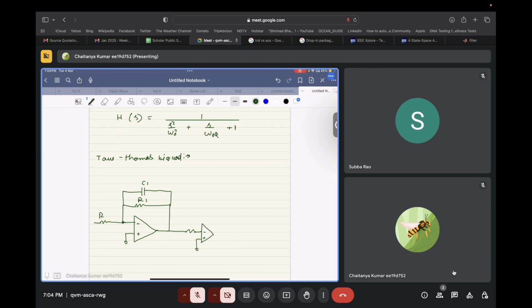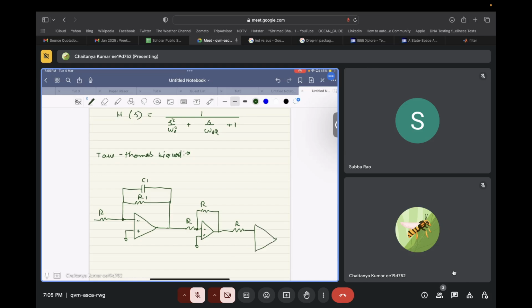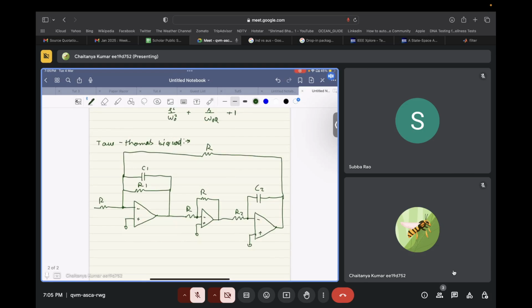Let's have this as R. Then we have another op amp. So R2, this is C2, and we have this complete thing over here. This is R. Okay, so we have seen a similar thing.